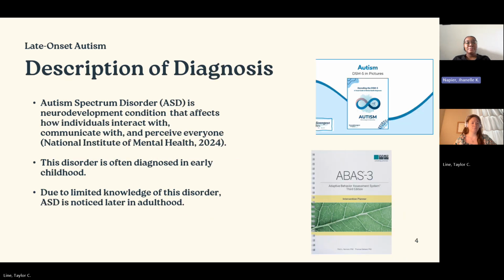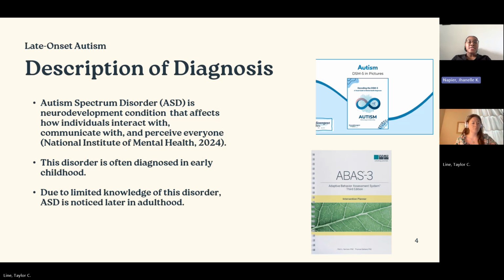Next slide, please. So this is just a brief overview of what autism spectrum disorder is. So autism spectrum disorder is a neurodevelopmental condition that affects how individuals interact, communicate, and perceive everyone around them. Typically this disorder is diagnosed in early childhood.